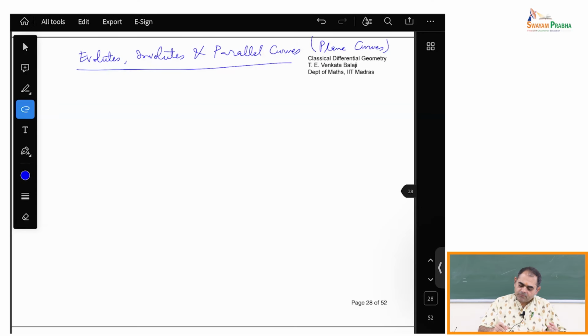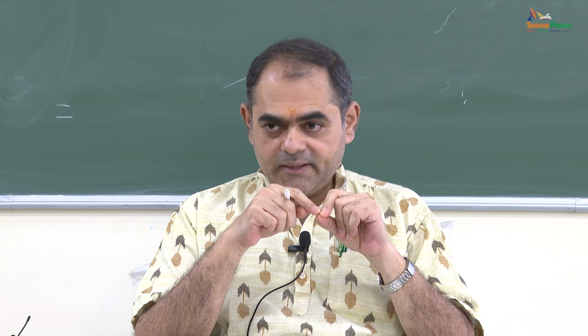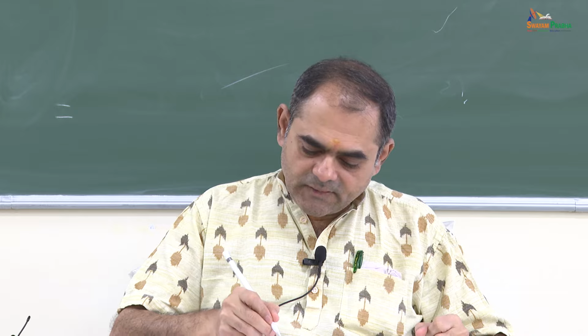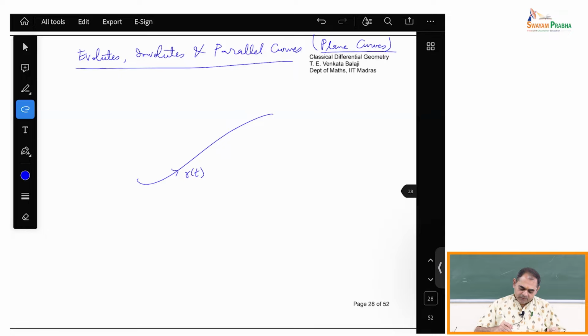This is very important. I am looking at only plane curves. So what is the evolute? The evolute is gotten by looking at the locus given by the centers of curvature. So you have a curve like this, let us say gamma of t, and you give me any point on the curve, let us say gamma of t naught.